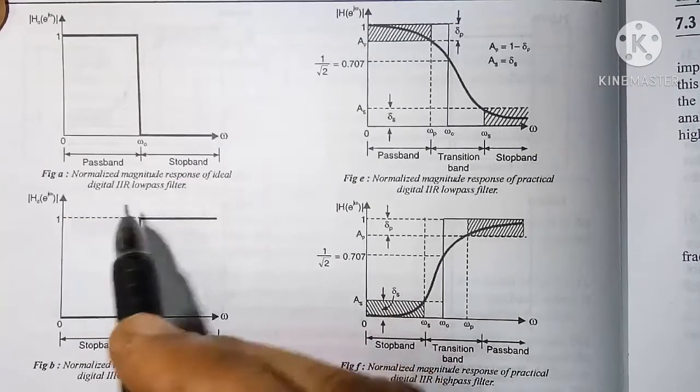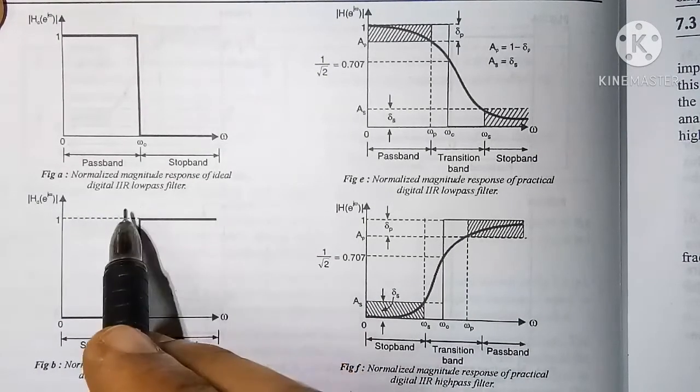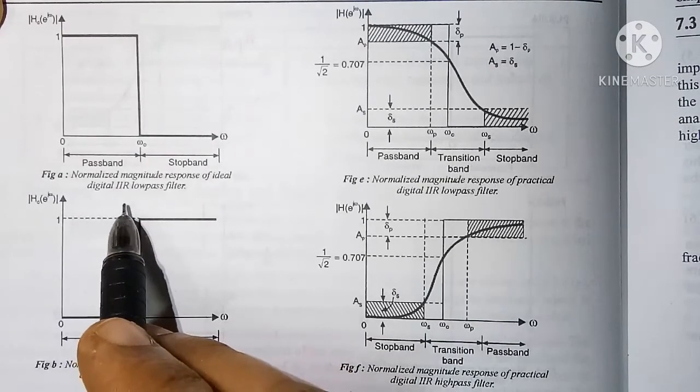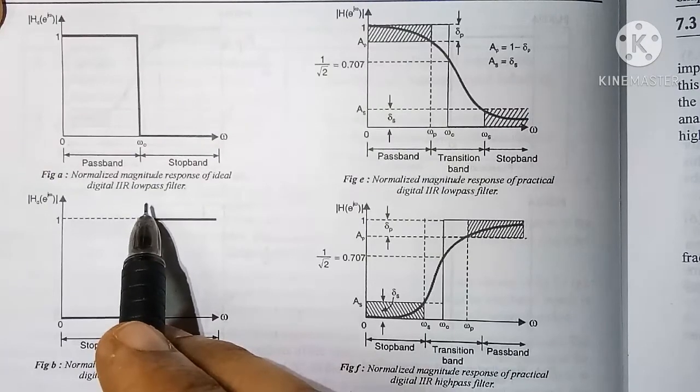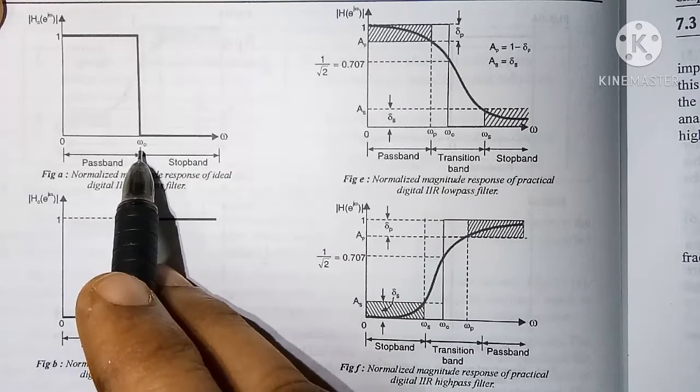Now you can see here normalized magnitude response of ideal digital IIR low pass filter. Here capital omega is replaced by small omega.